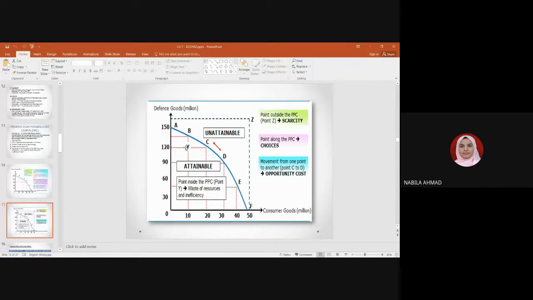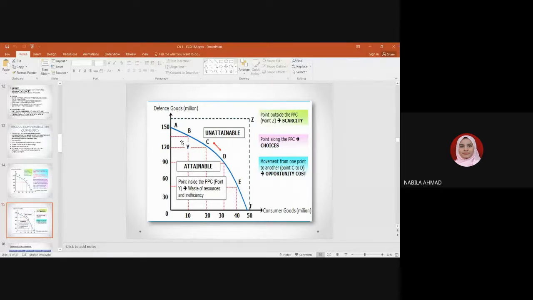Ada satu lagi point inside PPC. So point inside PPC ini, boleh tak negara ni produce point Y? Boleh. Ya, betul. Boleh produce point Y. So kita kata point Y attainable. Boleh dicapai. Boleh kita produce.